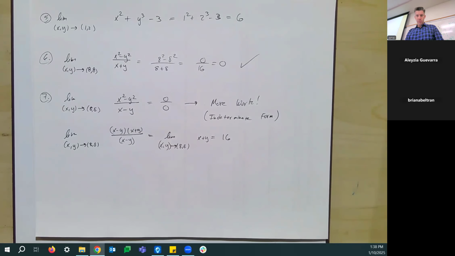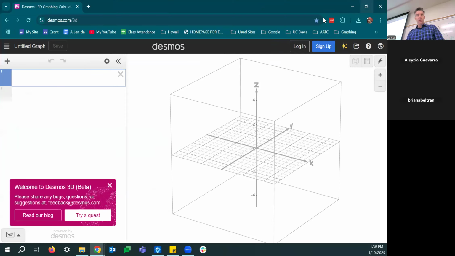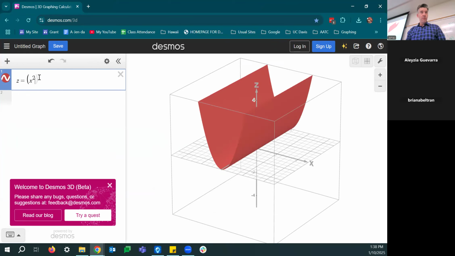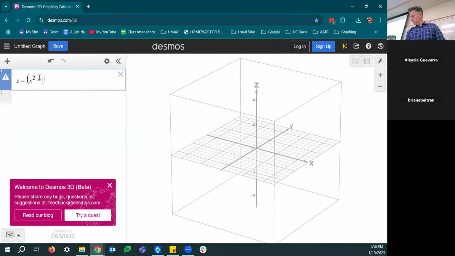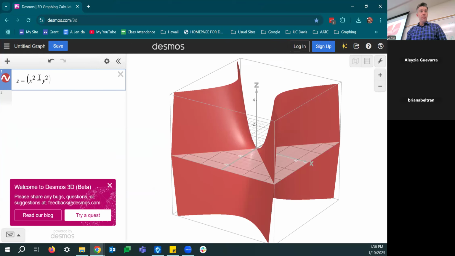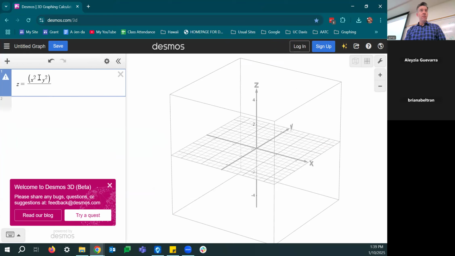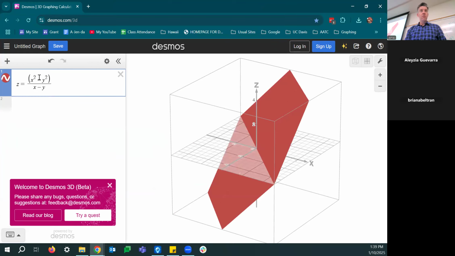I always think it's kind of nice to see these things, so taking a look over here, if we graph z equal to x squared minus y squared divided by x minus y, that looks super funky.